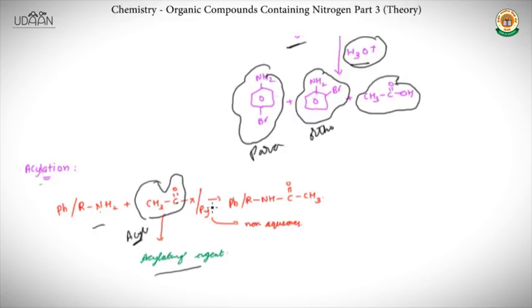Remember that the solvent which you are using here is pyridine. It is a non-aqueous solvent. There is a reason for that, because if an aqueous solvent is used, then this will undergo hydrolysis. That is H here, OH here, and this reaction is favored backwards, so you are not going to get the product. So we use pyridine here, which is non-aqueous.